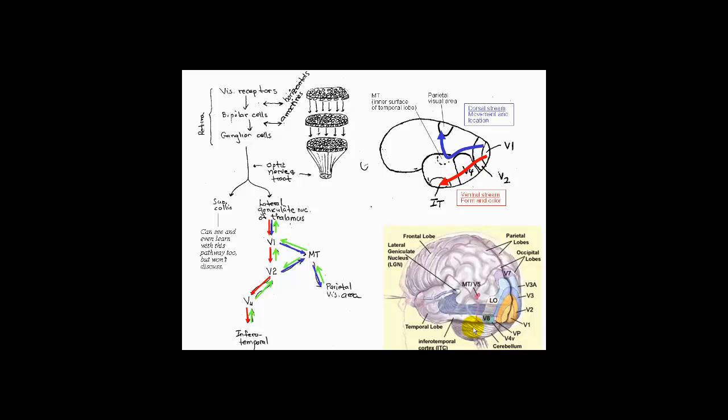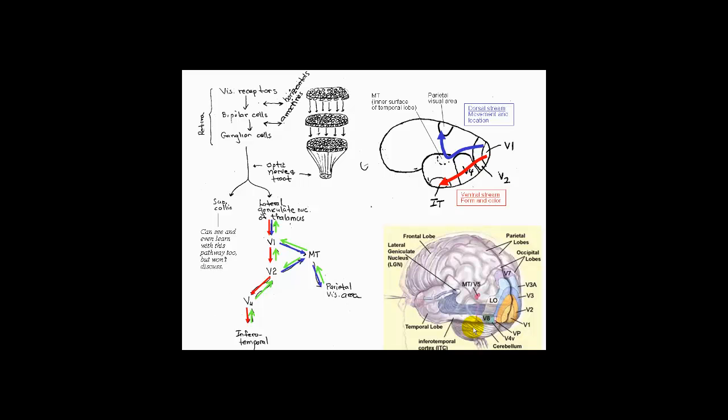And this is my crude representation of the retina. So these receptor cells in the retina then project to a layer of so-called bipolar cells. The bipolar cells, in turn, project to a layer of so-called ganglion cells.